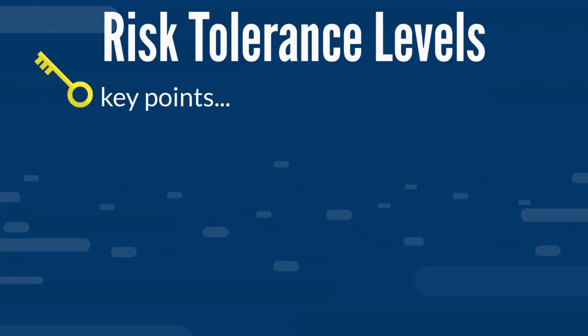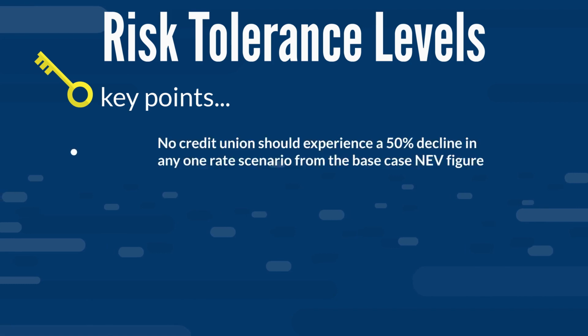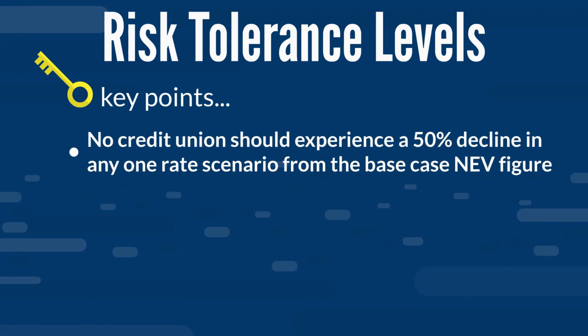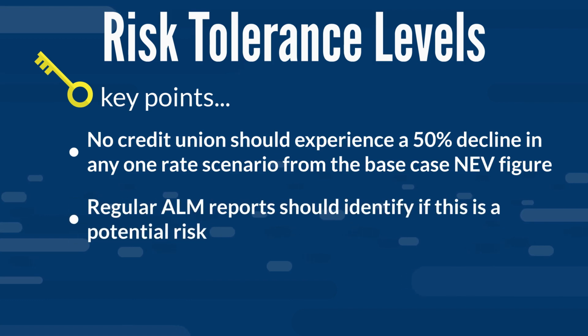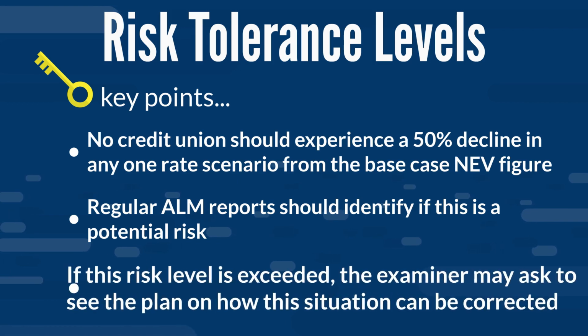We continue to stress that every credit union is unique and risk tolerance levels are no exception. NCUA does not have explicit standards for net economic value fluctuation, but their guidance recommends that no credit union experience a decline of greater than 50% from the base scenario. If a credit union's ALM reports show that they are heading towards this limitation, they may want to make changes to their balance sheet to lessen this interest rate risk before thresholds are exceeded.